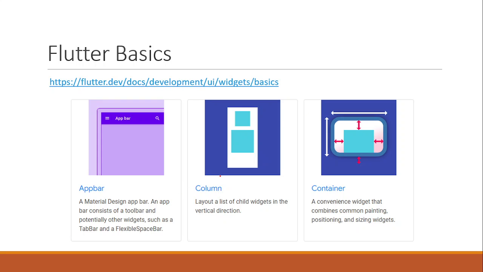So si column ang parent widget, and then ang other widgets inside are the children. And then ang positioning is from top to bottom. Ang special nga property sang column is that it can contain widgets that are arranged vertically, in a vertical direction.